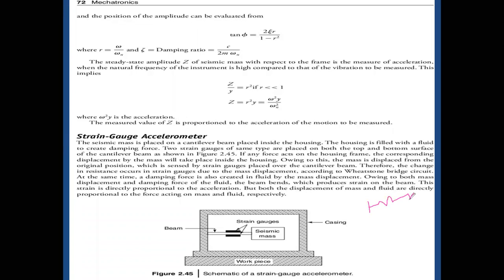All these resistances are connected in Wheatstone bridges like this one. We maintain a number of resistances, or a number of strain gauges, in the form of Wheatstone bridges, in order to balance all those resistances and bring the equilibrium position here itself.